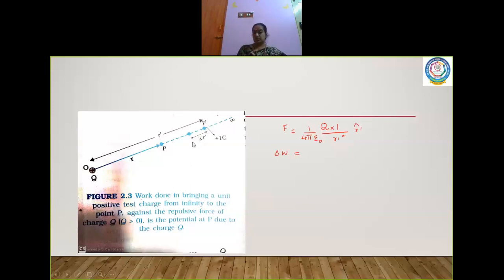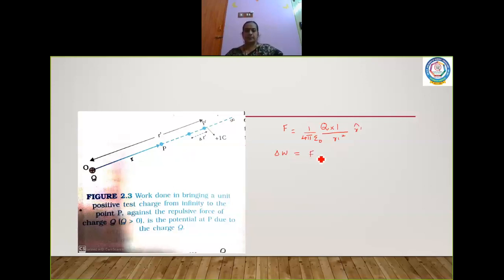Now this work is done against the force of repulsion between Q plus and the test charge. So I take the small amount of work done to be del W. What is the formula for work done, children? Of course, you know it is nothing but force into distance.